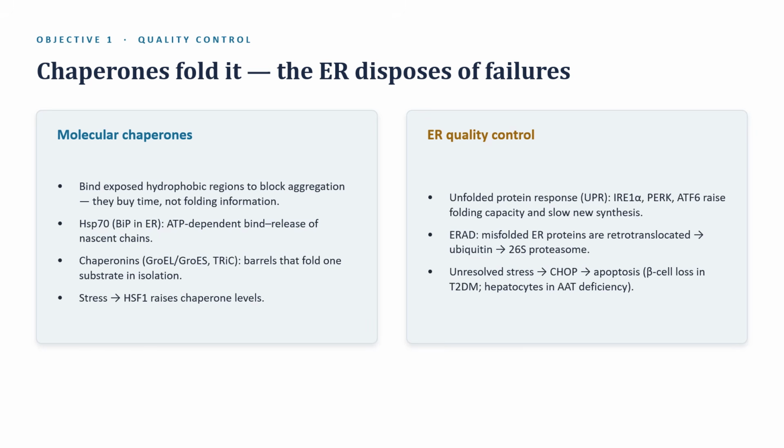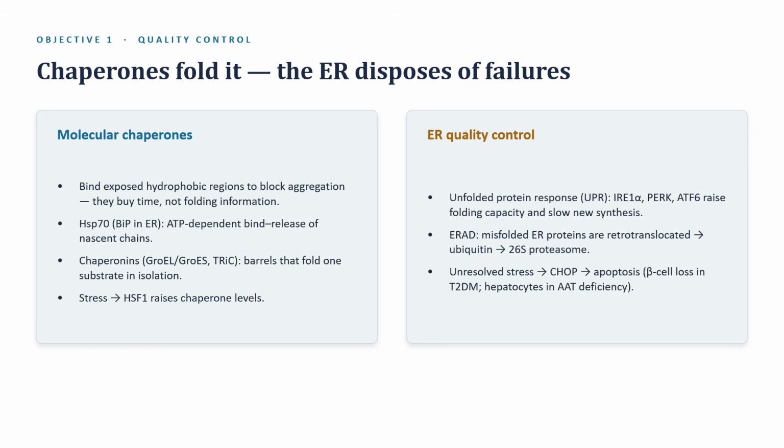Okay, so we're dealing now with chaperones. Cells don't leave folding to chance. They actually invest heavily in quality control. And there are 2 arms of this control. One on the left, the molecular chaperones, like HSP70, which bind the exposed hydrophobic stretches of an unfolded chain and prevent it from clumping with its neighbors. So you're preventing aggregation.